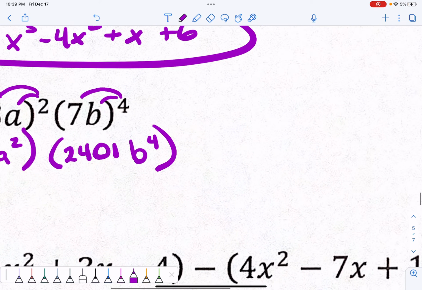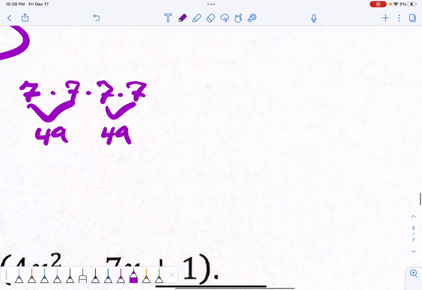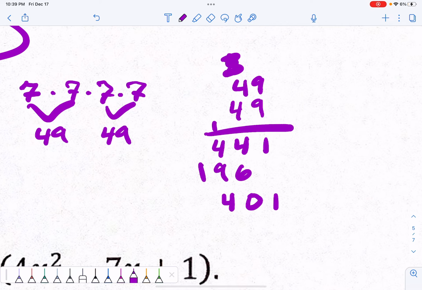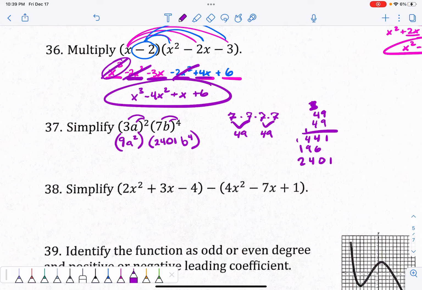So 7 to the fourth power means 7 times 7 times 7 times 7, and this is 49, and this is another 49, and we take 49 times 49, oh heavens, 81, 9 times 4 is 36, and so on. Yeah, 2401, perfect. 2401, okay?